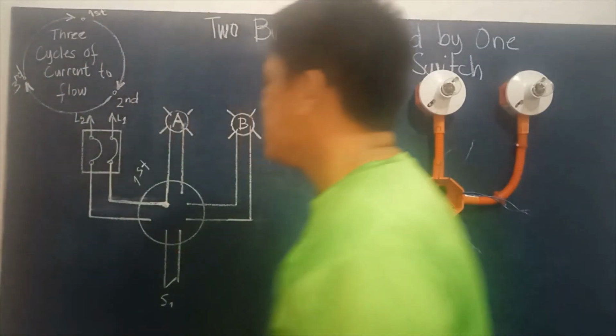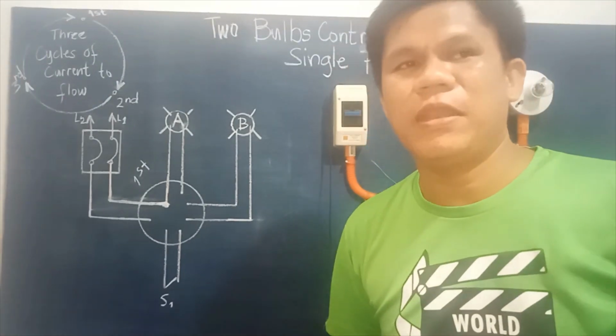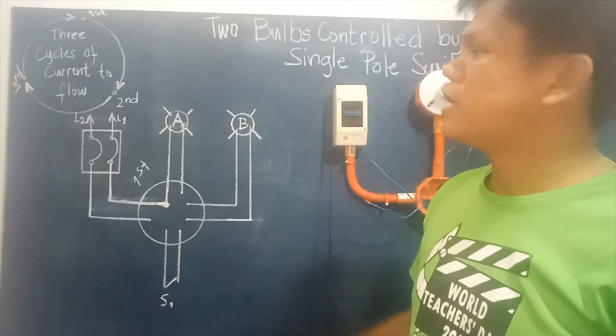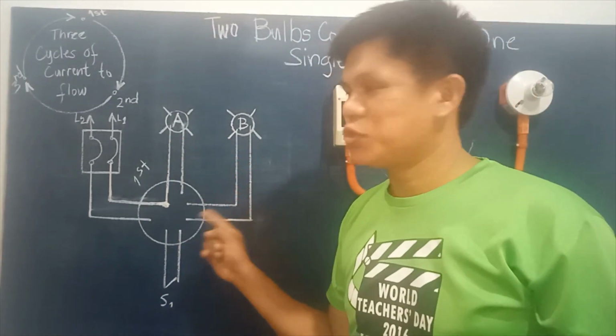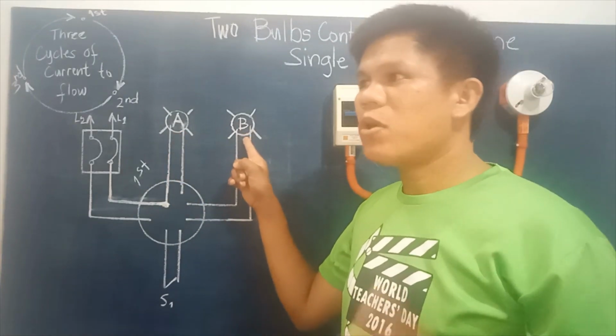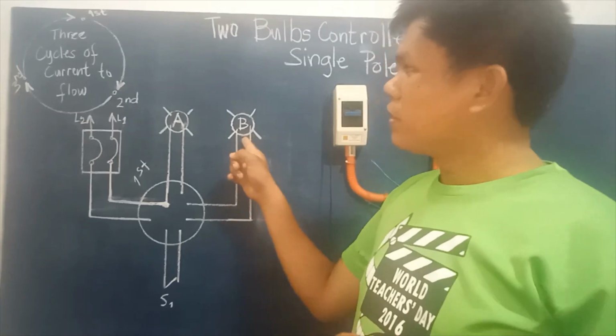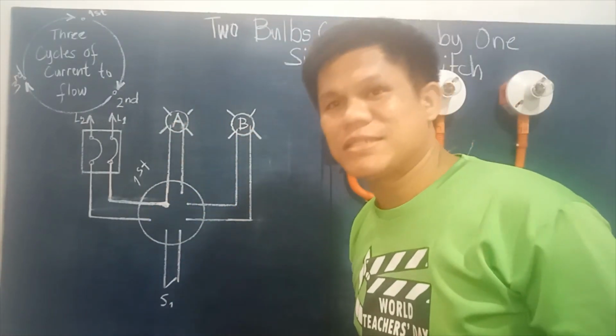Okay, now the question is, how many loads do we have in our circuit? So the answer is, of course, 2 loads in the circuit. So we have bulb A and bulb B. When we talk about loads, of course, these serve as the current consuming devices.